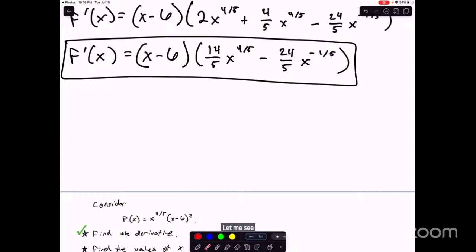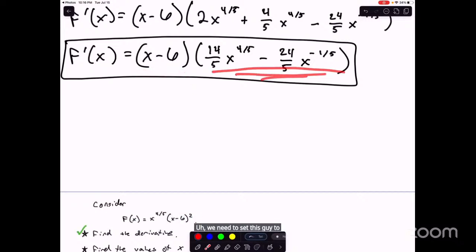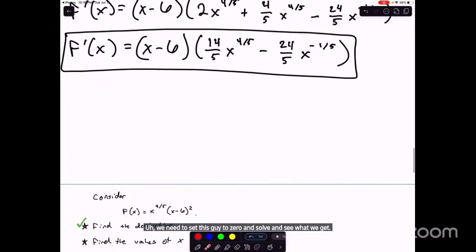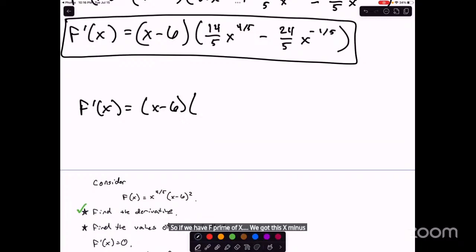Let me see from here. So from the first one, if we set this first factor equal to 0, then we get x equals 6. We need to set this other factor to 0 and solve. So if we have f prime of x, we got this x minus 6 times 14/5 x to the power of 4/5 minus 24/5 x to the power of negative 1/5.